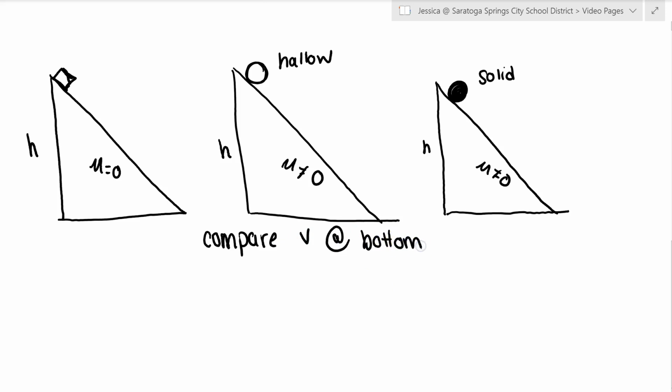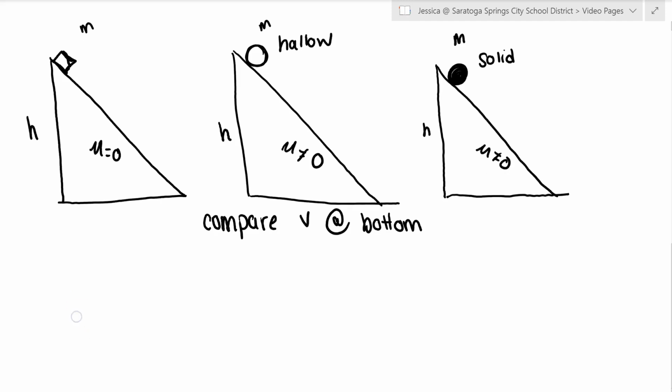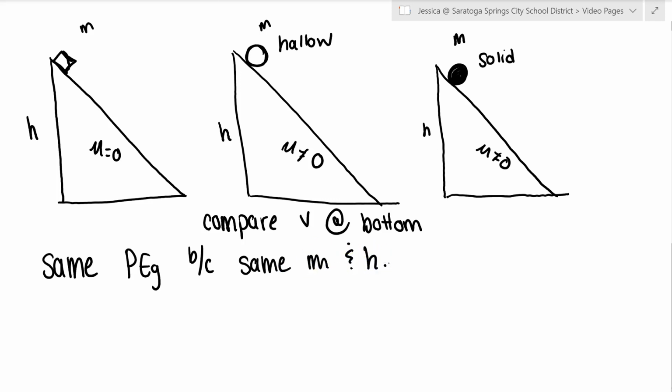In all of these instances, let's say they all have the same mass too, just to keep life simple. So they all have the same mass, which means we all start with the same gravitational potential energy because we have the same mass and height. Now, if we were just thinking of beginning of the year kinetic energy, we might automatically think that they all end at the same speed.